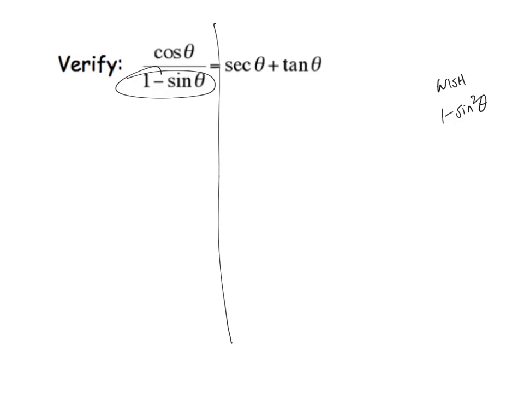So I'm going to be tricky, and I'm going to force it to look like this. This is where multiplying by the conjugate helps. This is a little trick I use whenever the denominator almost looks like a Pythagorean identity, but it's not.